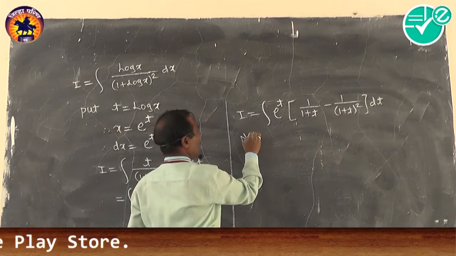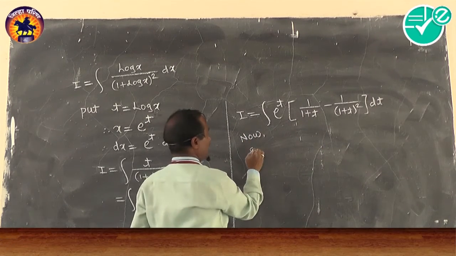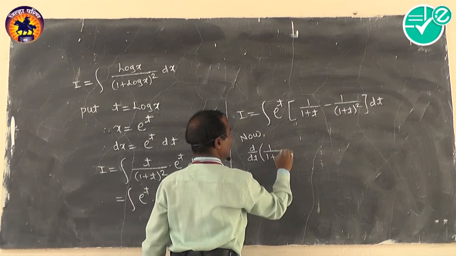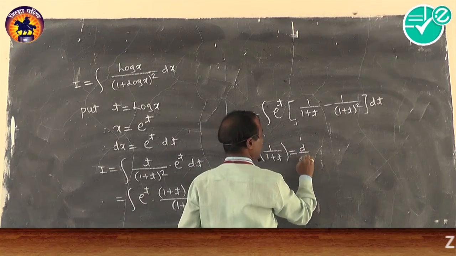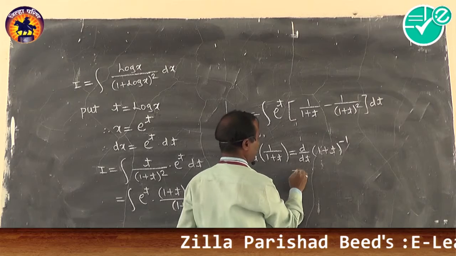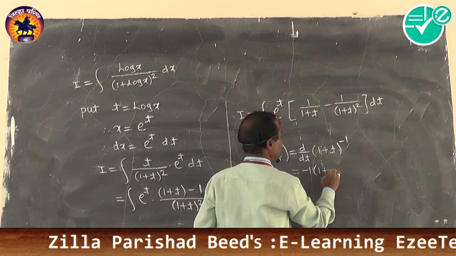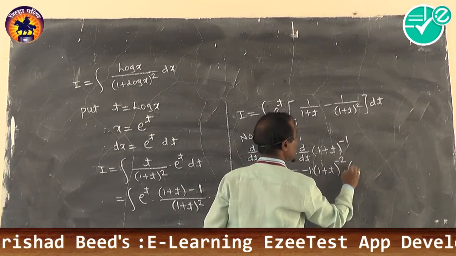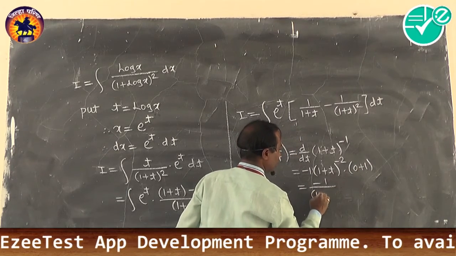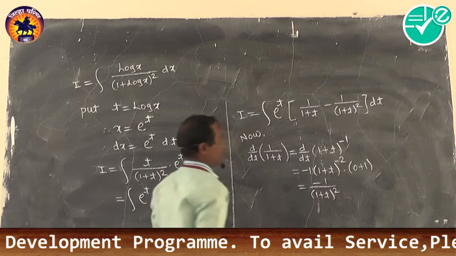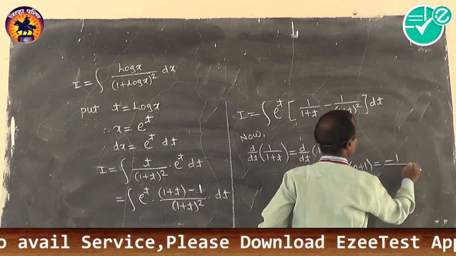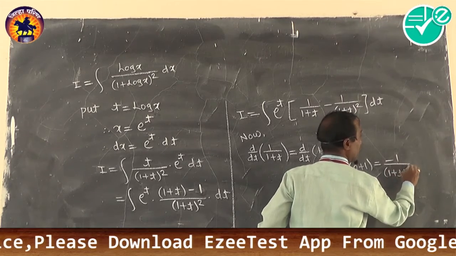And now d by dt of 1 upon 1 plus t is equal to d by dt of (1 plus t) raised to minus 1, which is minus 1 into (1 plus t) raised to minus 2 into (0 plus 1). So we get minus 1 upon (1 plus t) bracket square.